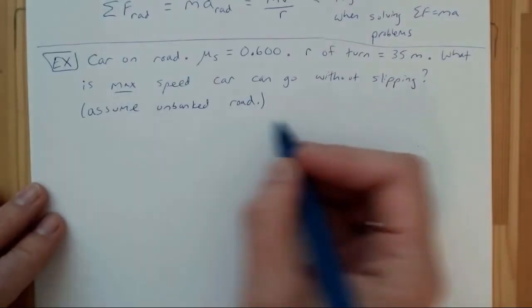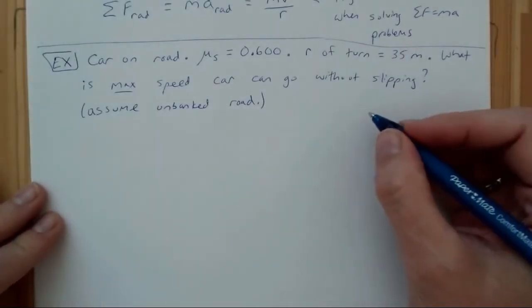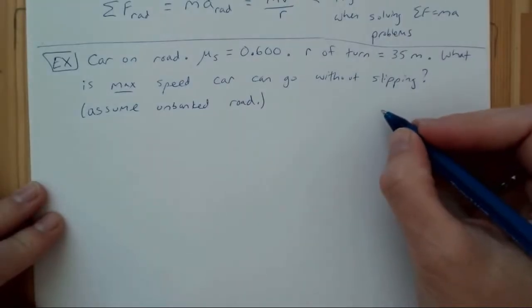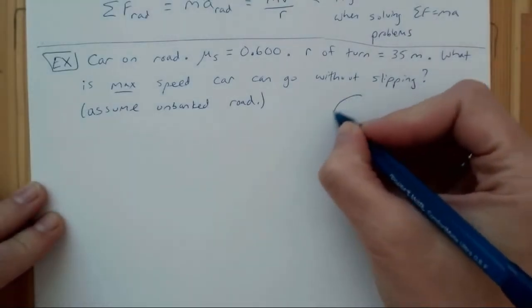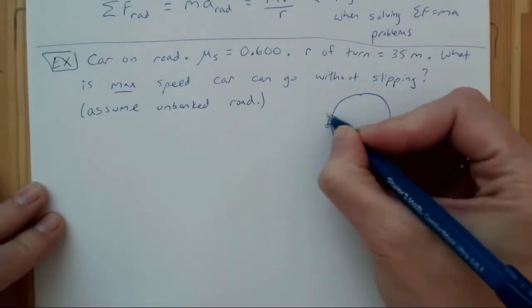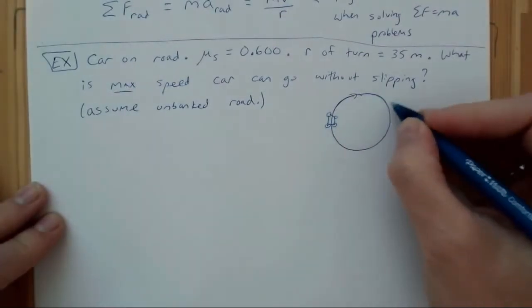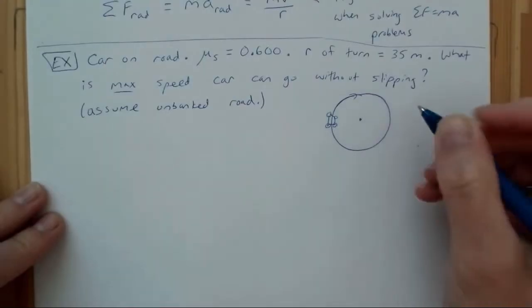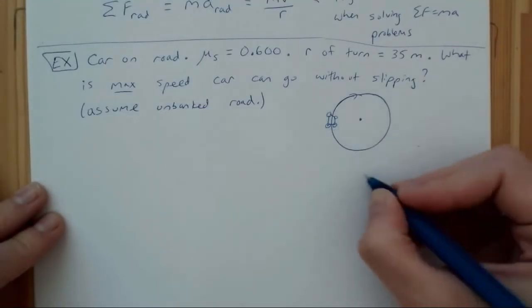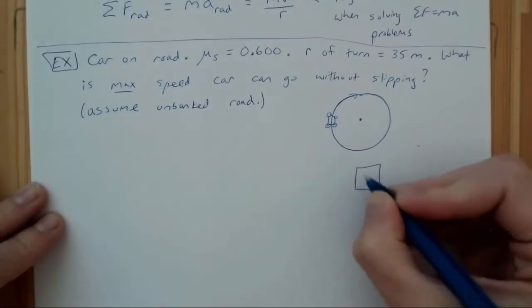Okay, so we start like we always start, where we draw a free body diagram. Now for circular motion, you basically just pick one portion of the circle. Let's say we have a top view of our car, and our car is going to go around the road in this direction. Here's the center of the circle. Assume I'm looking from this direction at the car. I can draw the car like this.